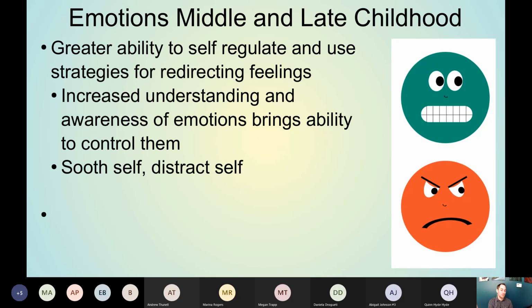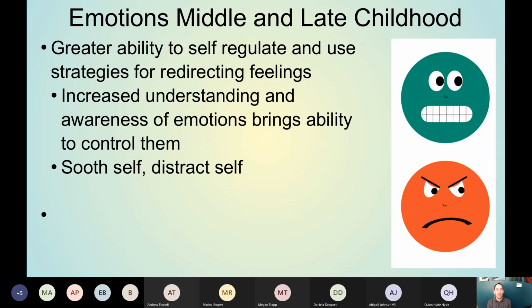A lot of times, we might expect even younger children, like say my 4-year-old, to do a better job regulating emotion, but they still need a lot of support in early childhood. Then in middle childhood, still reminders, training, and support, but by late childhood, they should be a lot more capable of doing that.